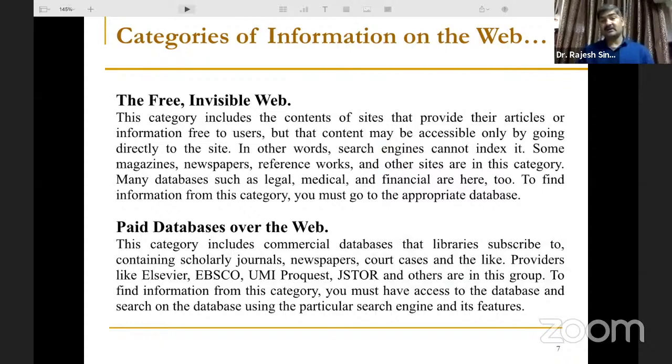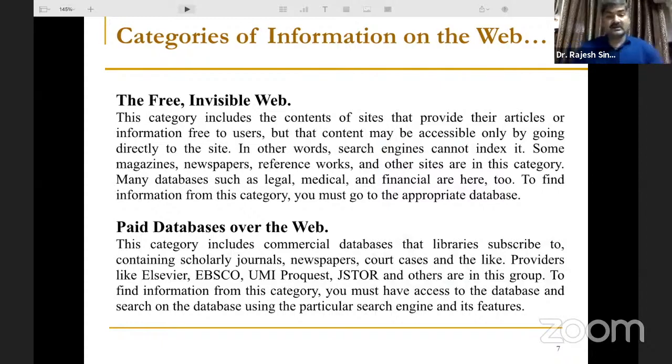Because in some cases the spiders are not so efficient. In some cases the spiders are not allowed to visit, right? So that part is called free but invisible web, which is not indexed by the general search engines and is not in their database, right?